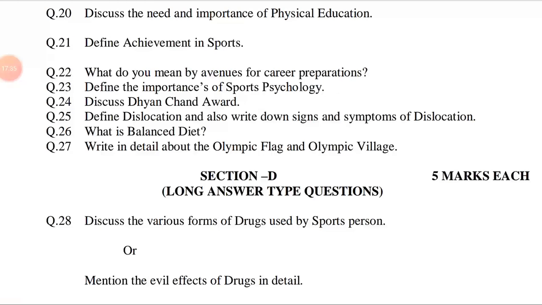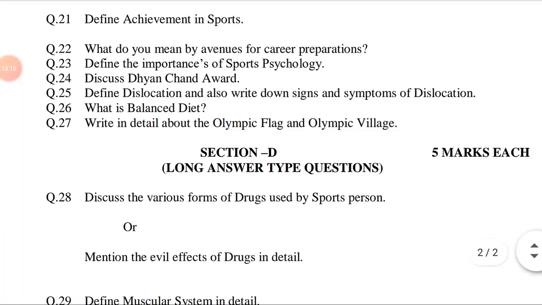Question number 22. What do you mean by avenues for career preparations? This question is related to chapter number 4, career aspects in physical education. Avenues means path, line, direction. Career means profession, occupations. Preparation means process of preparing. The answer may be: give some few points of introductions of careers avenues.